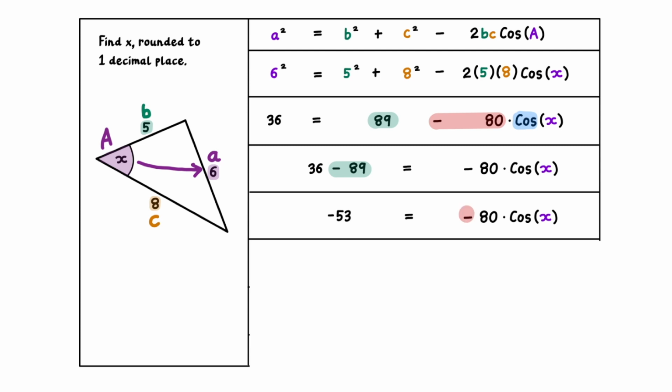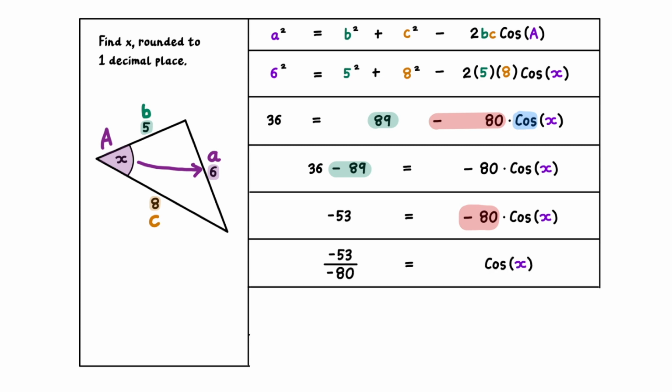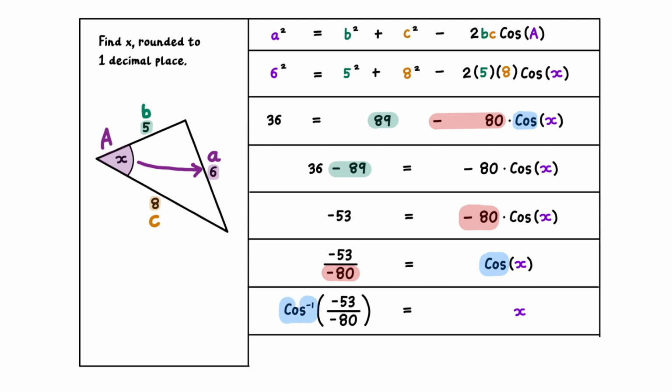To remove the multiplication of minus 80, we should divide both sides by minus 80. To get rid of the cosine function, we should take cosine inverse of both sides. Typing the left-hand side into our calculator brings us to our final answer. x equals 48.5 degrees.